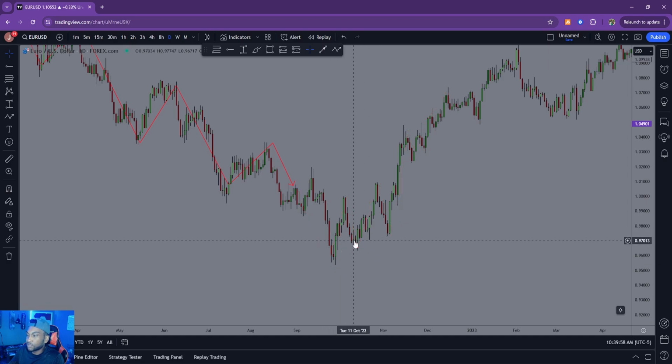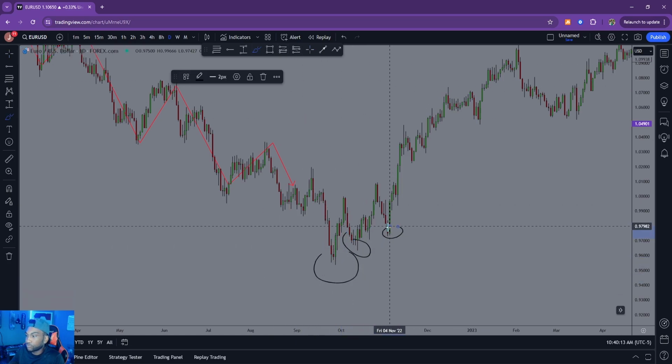Price didn't go down any further. It just made what we call an equal low and another equal low here. Maybe you consider this the three touches of support: one, two, three.